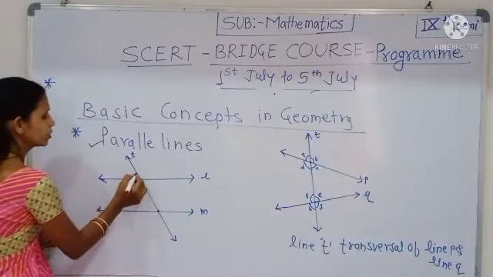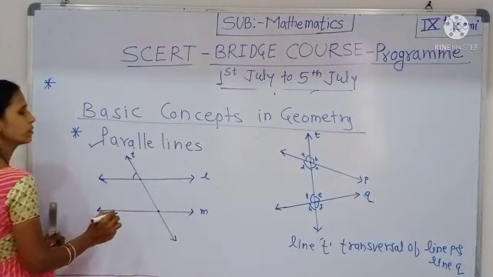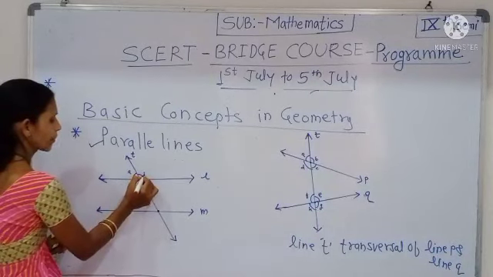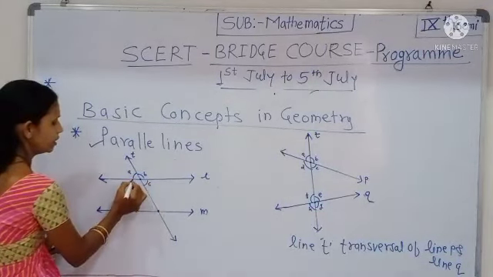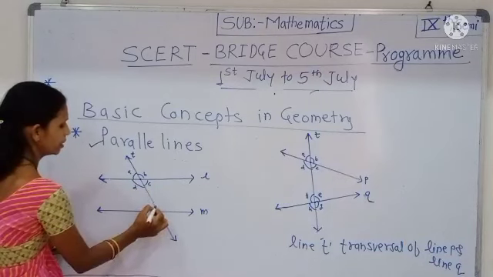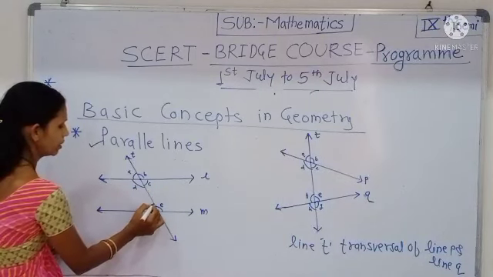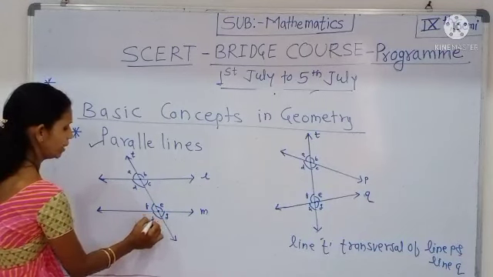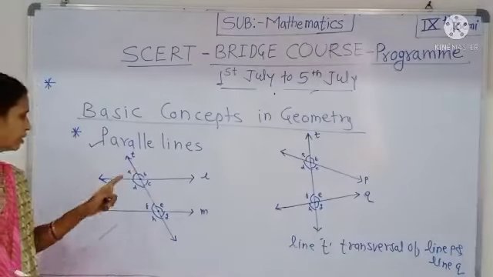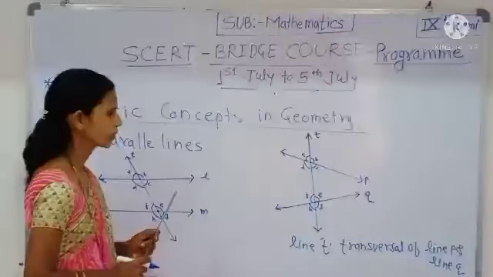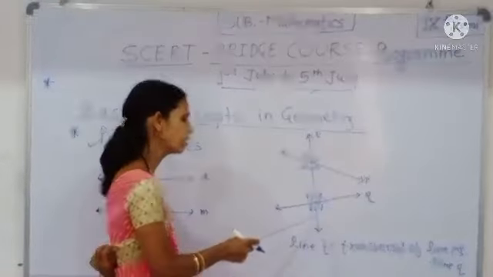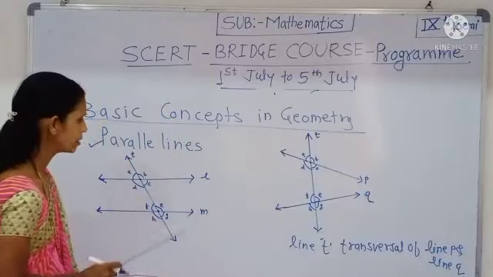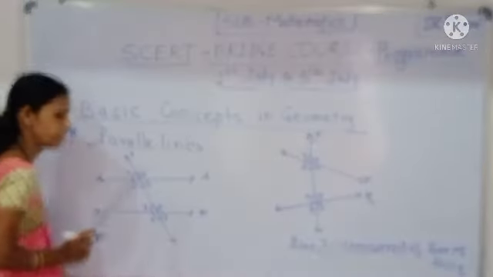Similarly, we can also name the angles A, B, C, D, E, F, G, H. A total of 8 angles are formed due to the transversal intersecting the non-parallel lines as well as parallel lines.